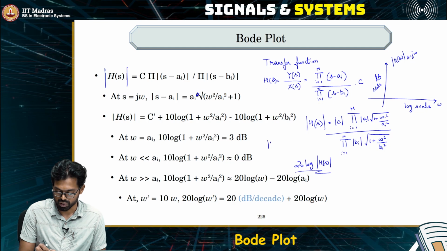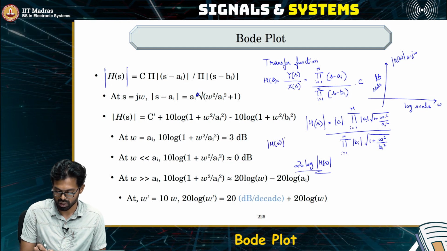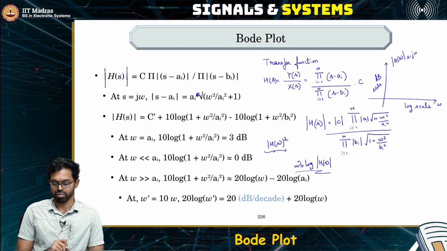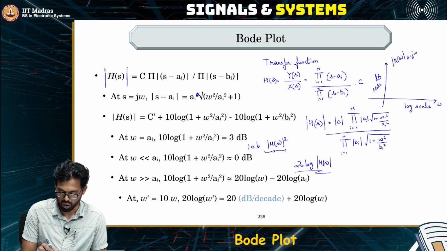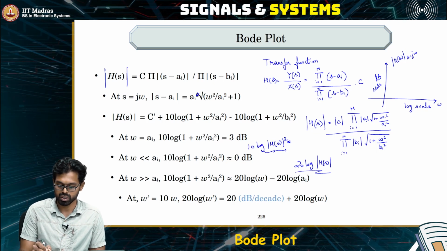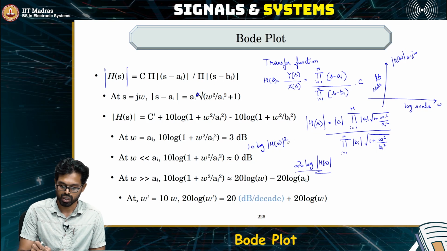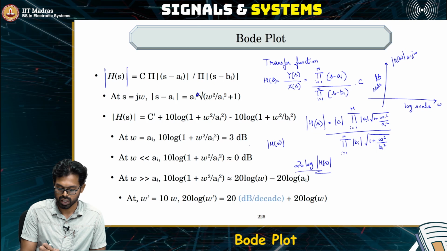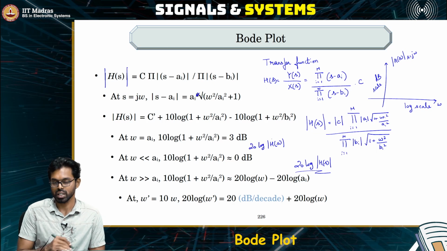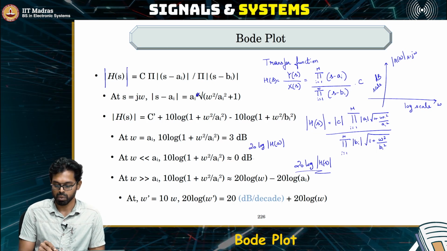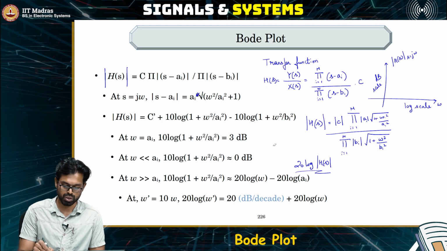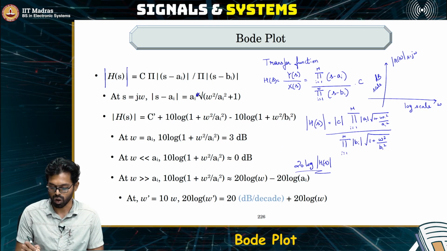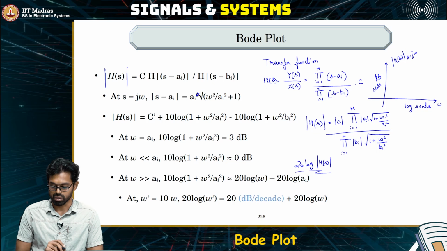If you're trying to find the dB scale value of this quantity, then you have to apply 10 log, because there is already a 2 here, which makes it 20 log. If you're trying to find the dB scale value of this quantity, which is simply the magnitude, then it is 20 log. Essentially both are the same. You just have to remember when to use 10 log and when to use 20 log. This is 20 log, the magnitude of h of s.